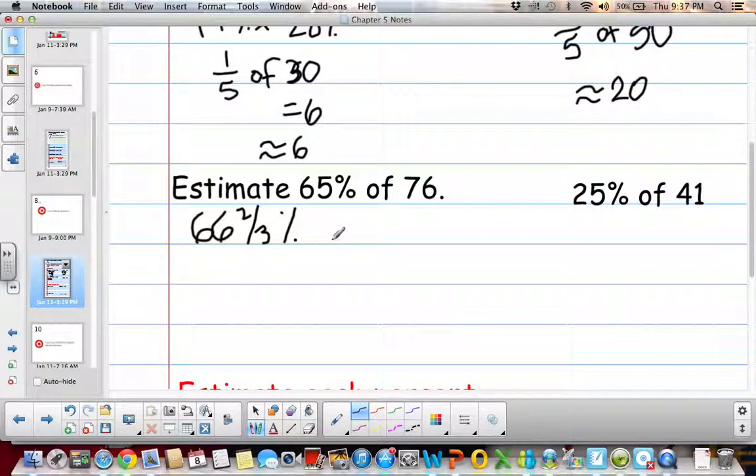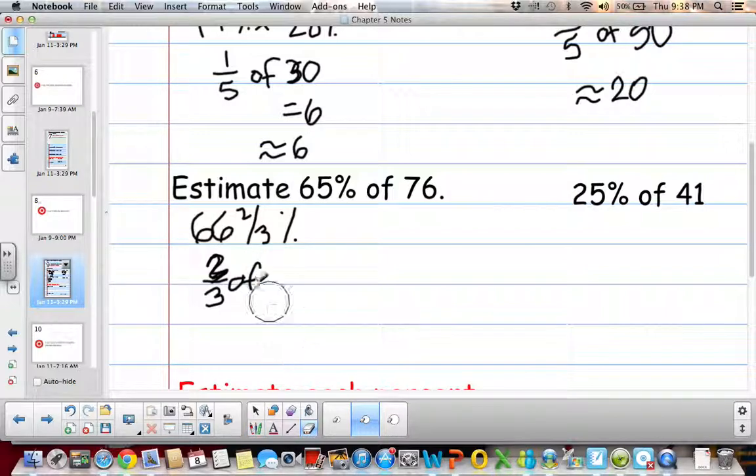So we can do 66 and 2/3, and we know that 66 and 2/3% is 2/3 as a fraction. Yes, that is supposed to be a 2. Okay, 2/3.